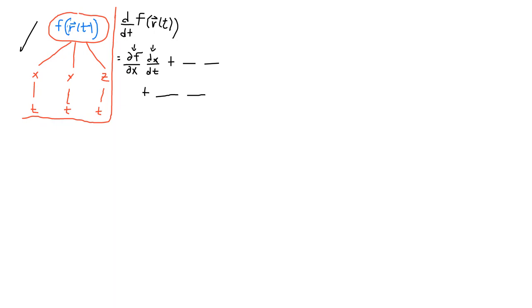Okay, and then for the next link in the chain, we're going to have partial of f with respect to... so we took care of the first, going down the first branch. Second branch, partial f, good, Ryan, with respect to y times dy dt.